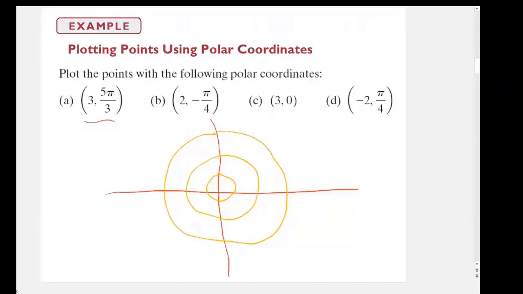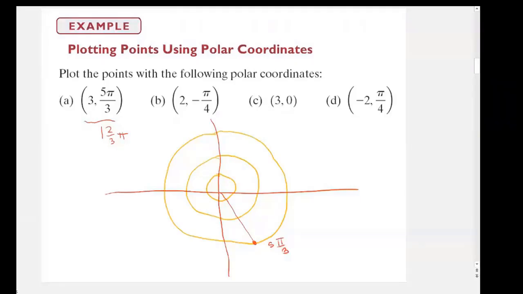Always, I recommend that you start with the angle. So our angle is 5 pi over 3, which is the same as 1 2/3 pi. This lands in quadrant 4, and that angle we'll call 5 pi over 3.